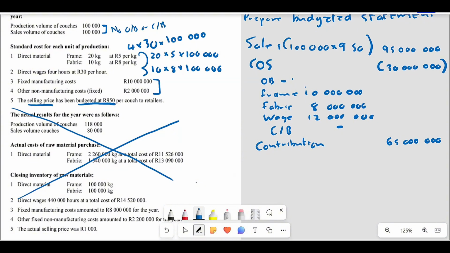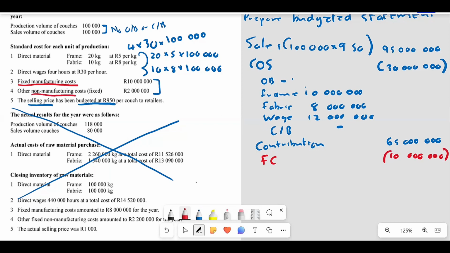Now our fixed costs, right? Our fixed manufacturing costs are 10 million. And non-manufacturing costs are 2 million.